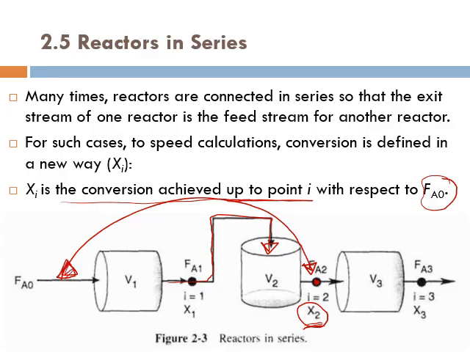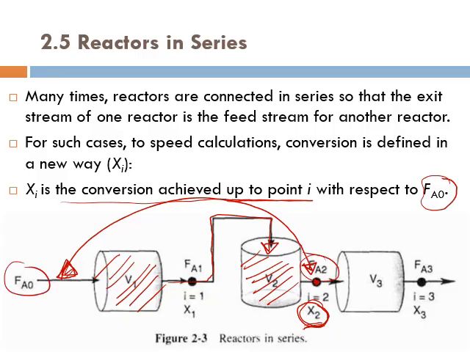When we say X2, we are referring to the conversion achieved up to point 2 in reference to the feed to the first reactor. So this conversion X2 was achieved by whom? The credit goes to reactor 1 and reactor 2, because they both helped in achieving X2 by lowering the molar flow rate from FA0 down to FA2. That's what we mean by X2, as opposed to X at reactor 2, the conversion achieved by reactor 2 only.